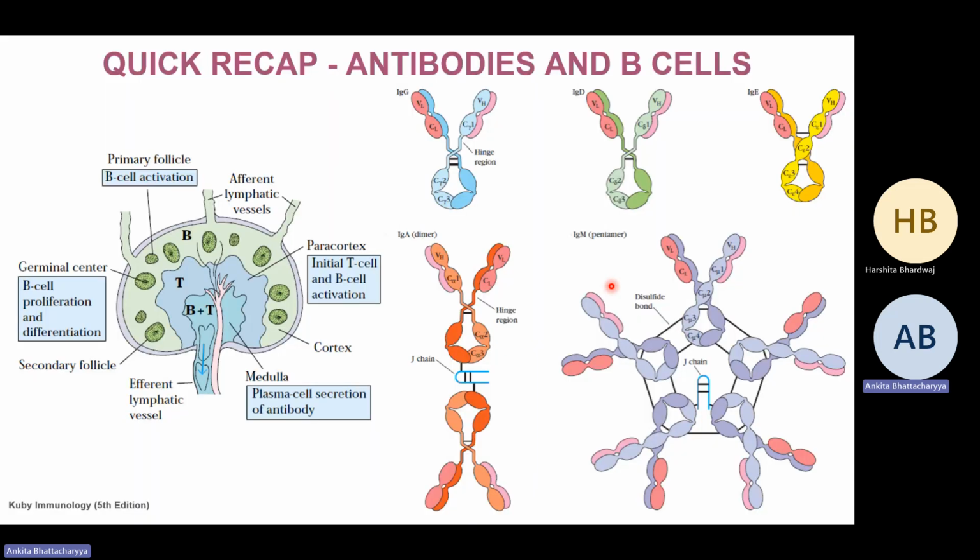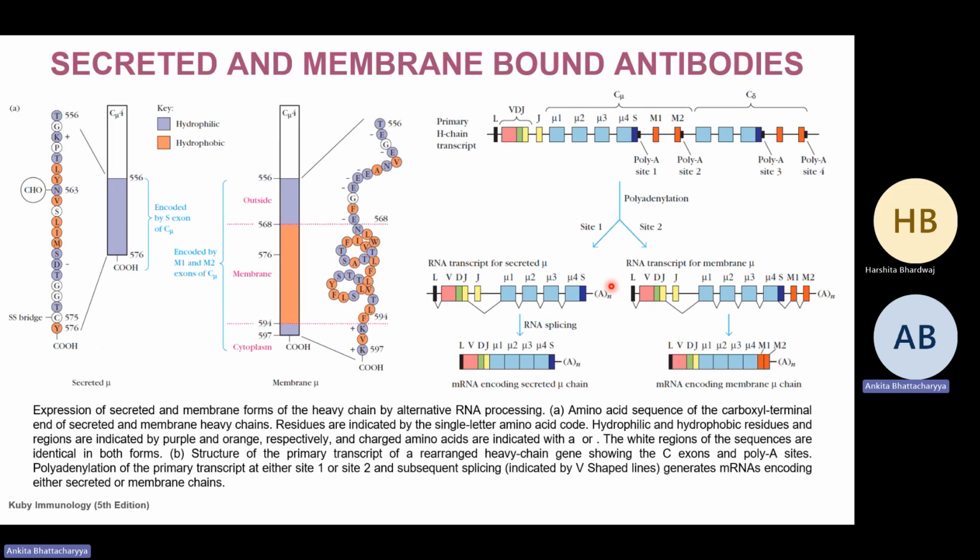Then in week 4, this was just a quick revision of antibodies and B cells. Then we understood the different subtypes in terms of secreted and membrane-bound antibodies, and how that difference is brought about by different polyadenylation sites, either PA1, PA2, PA3, or PA4. Each of these has the potential to generate either IgM or IgD subtypes of antibodies.